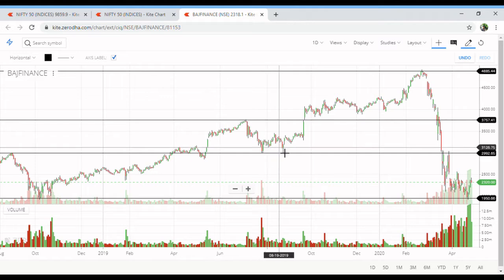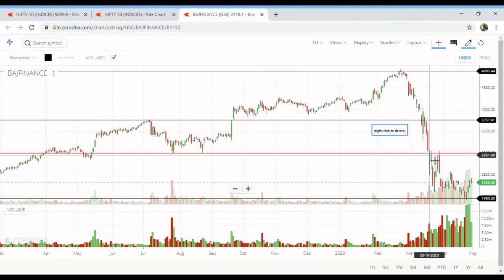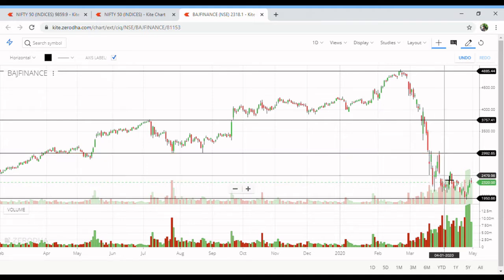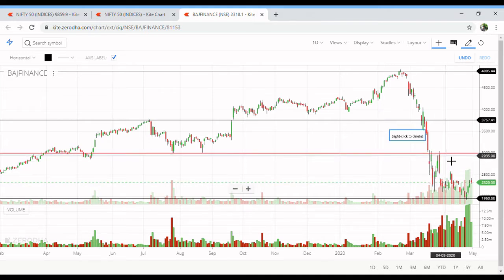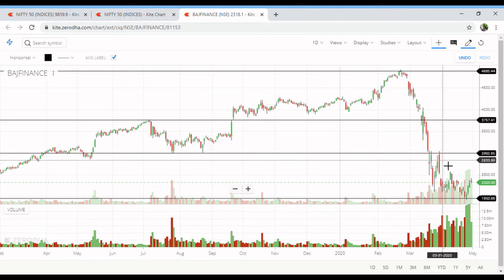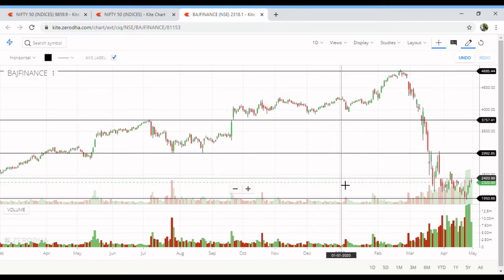It acted as a support multiple times, and recently it made a downfall beyond this support level and started taking this level as a resistance. It's not moving beyond this level, so we can take it as a resistance now.